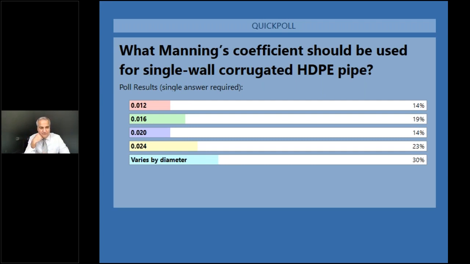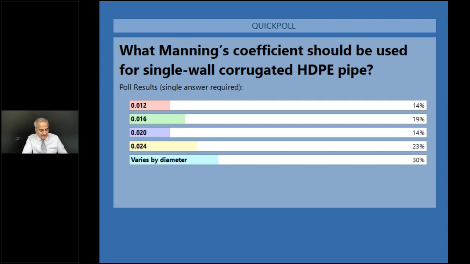Like if you're talking 3 or 4 inch diameter, then it's going to be less of a pitch, less of a drop, and that water can quickly move through it. So on those diameters, it's going to be on the lower end, but it does vary by diameter.